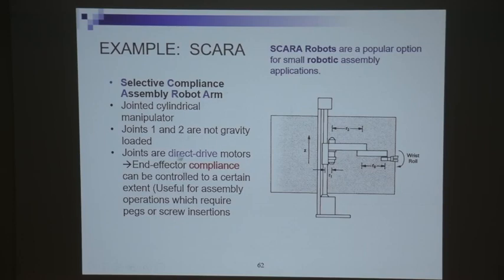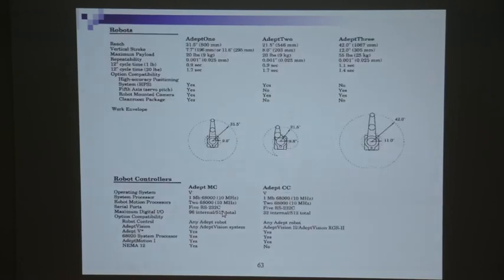The joints are direct drive motors. The start of the direct drive motor is essentially a milestone in industrial robotics. If you look at the specification itself, you'll come across all these items: the reach, the vertical stroke, the maximum payload, the repeatability, cycle time, and so on.